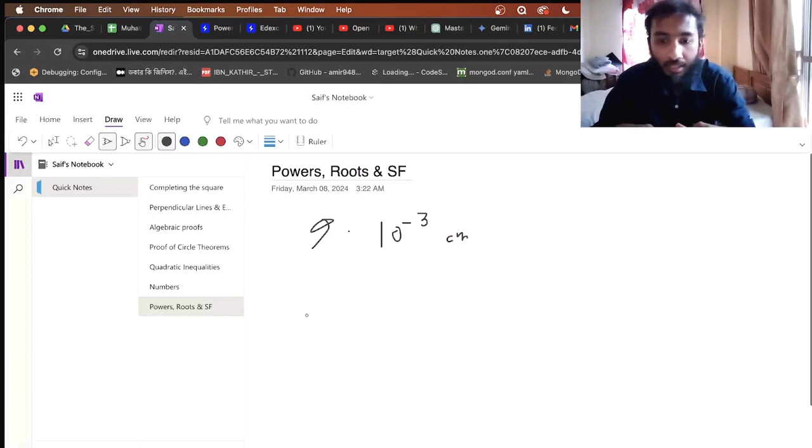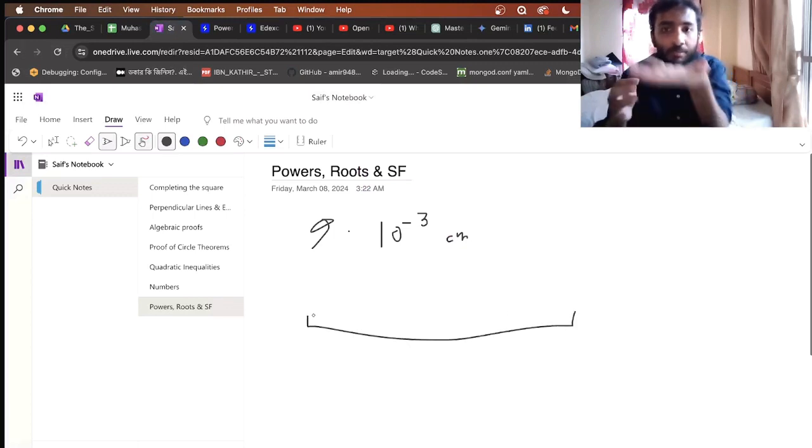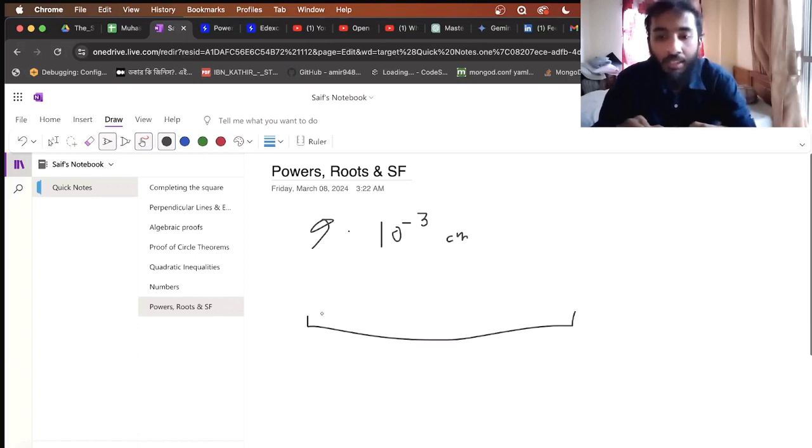Let's say this is a paper tray, like a tray, and the tray has a maximum height of 4 centimeter. That's what's given, right? The paper tray is 4 centimeter deep. That means the height or depth of the paper tray is 4 centimeter.